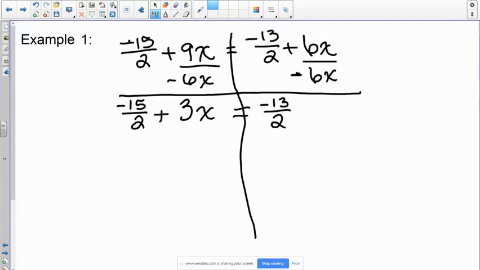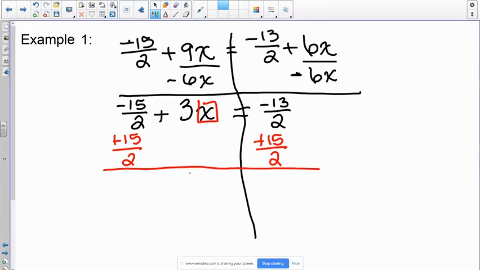Now we can just solve it like we've normally been solving it. We're going to try to get x by itself here. So we're going to, first of all, get rid of negative 15 halves. Since it's negative, we're going to add 15 halves to both sides. And so we're going to end up here with 3x's, because these are inverses of each other, so they cancel each other out.